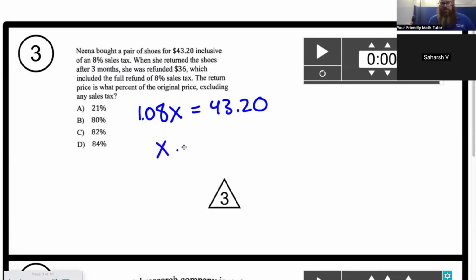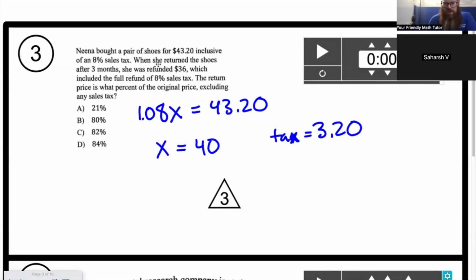So we simply find the original price by doing 43.20 divided by 1.08. So that's $40. So the original price of the shoes was $40, but it's important to note that the tax itself was $3.20.